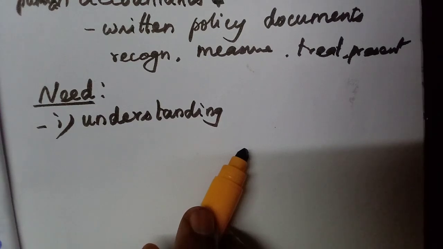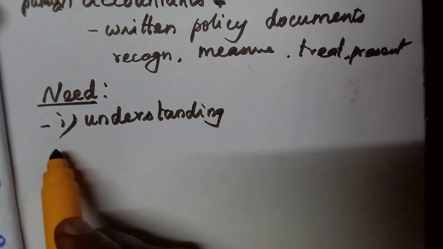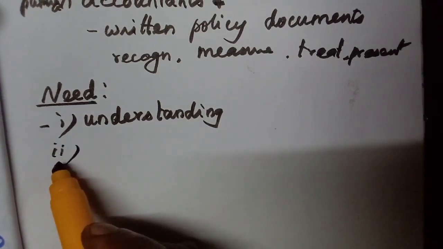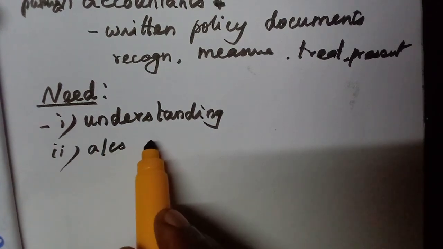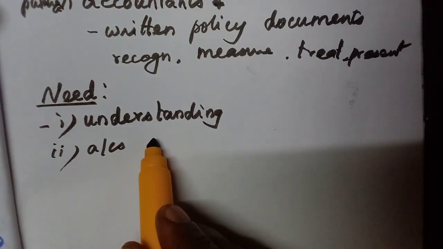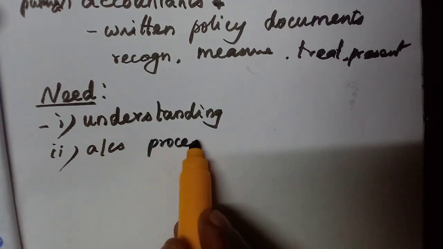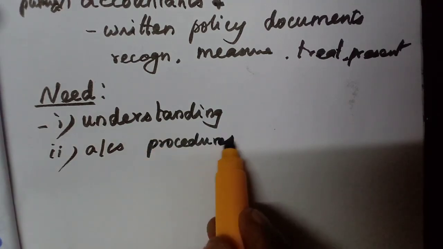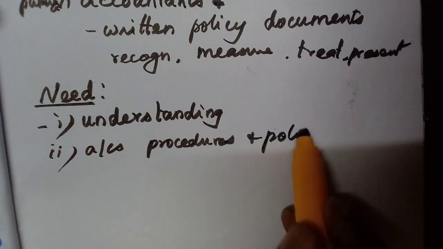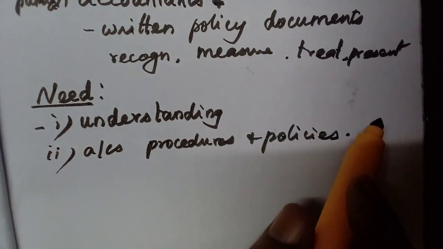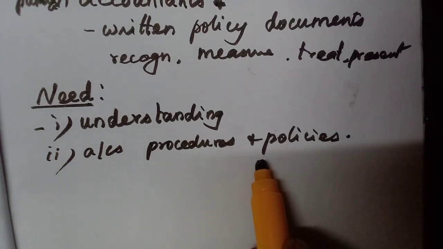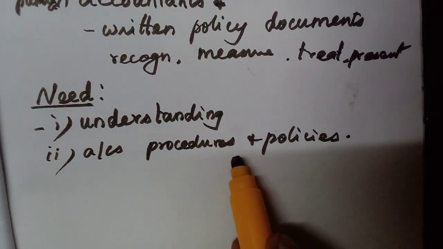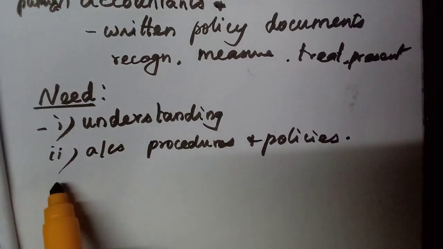So they can promote better understanding of the financial statements. Then the second need: it helps the accountant to follow the same or uniform procedures and policies. Everybody should follow the same procedures and policies uniformly.